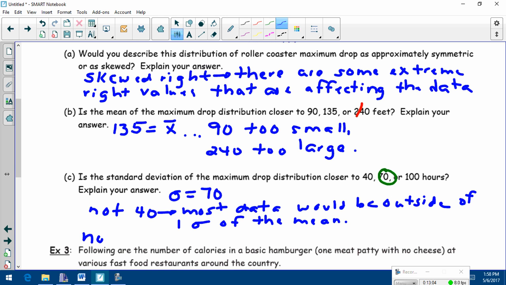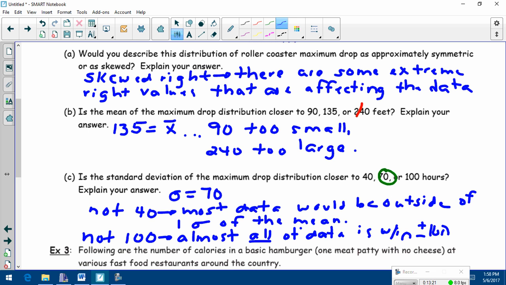And again, the reason I didn't say choose 100 is because almost all of the data is within plus or minus 100 of X bar, and that's really too much. They shouldn't encompass all of the data, but just the majority of it.